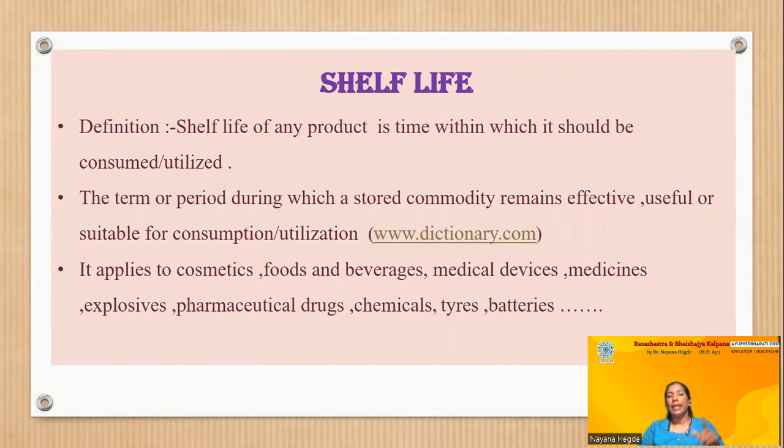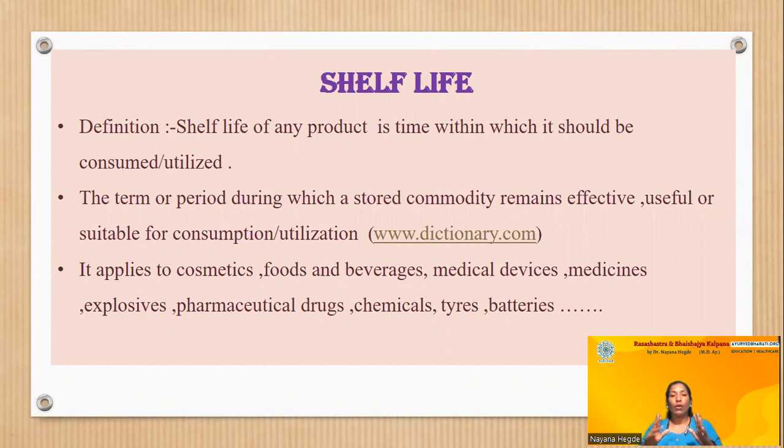मतलब क्या है? एक प्रोडक्ट को कब तक हम उसको यूज कर सकते हैं, वो पीरियड को शेल्फ लाइफ बोलते हैं. Shelf life of any product is the time within which it should be consumed or utilized in a proper way.